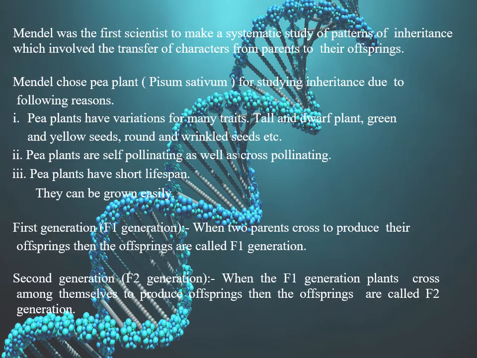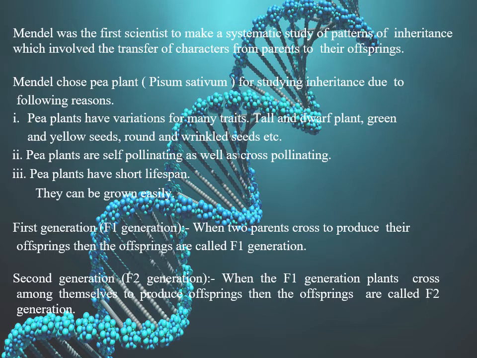In his experiment, the next two terms that come up are the first generation, or first filial generation, the F1 generation, and the second generation, the F2 generation or second filial generation. So what are these generations? The F1 generation is nothing but the offspring produced when two parents are crossed.